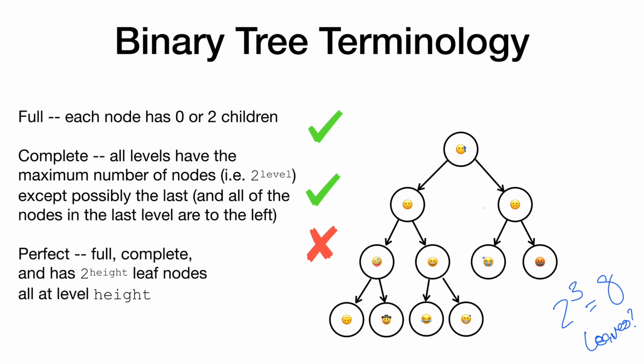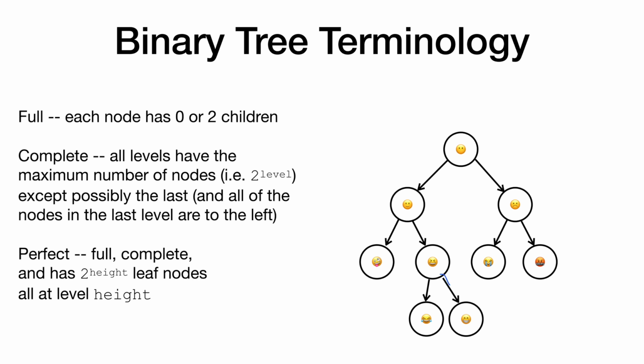What if we now only added these 2 nodes? The first question, is it full? Well, 2 children, 2 children, 2 children, 2 children, 0, 0, 0, 0, 0. So yes, it's full. Is it complete? All levels have to have the maximum number of nodes, except possibly the last, which is true.